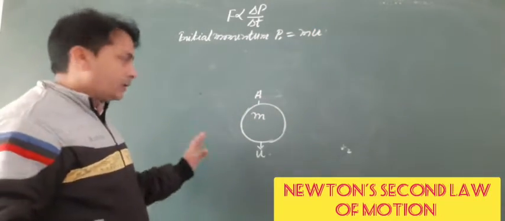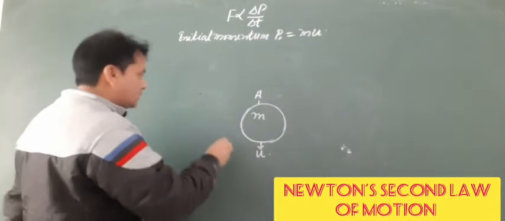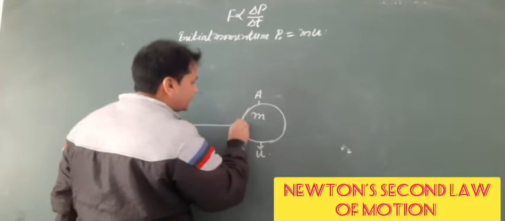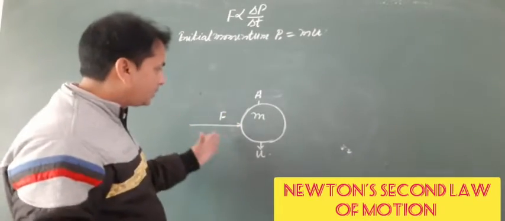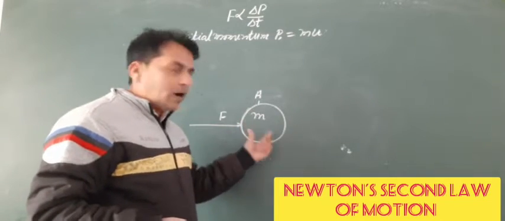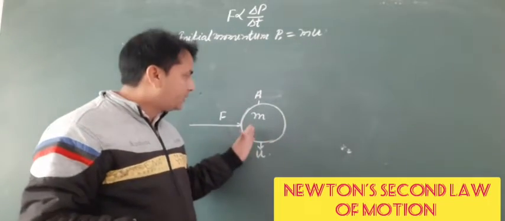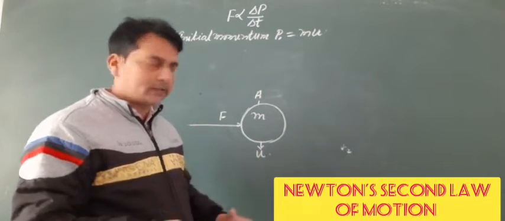Now suppose an external force F is applied on object A. Then the object moves and the velocity of the object will change.